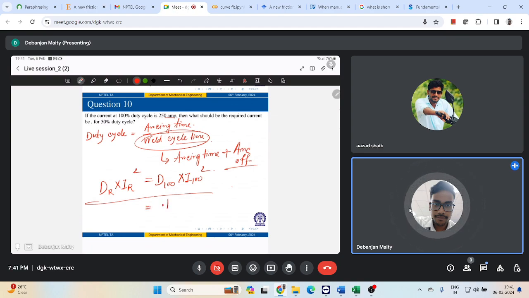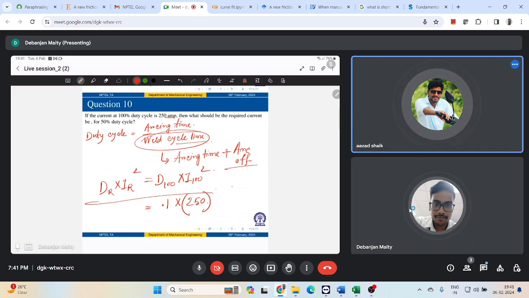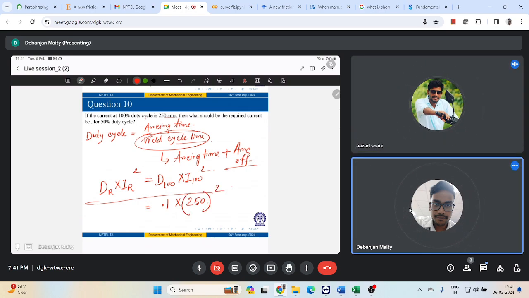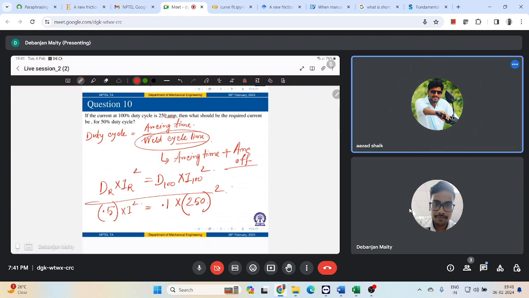So this is my 100% duty cycle, and this is my current squared at 100% duty cycle. Now I want to get the value of the required current for 50% duty cycle, squared.